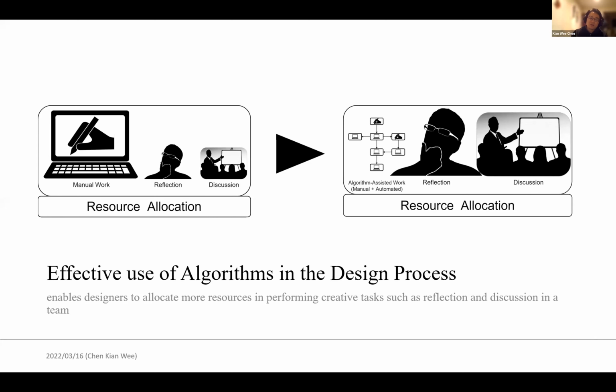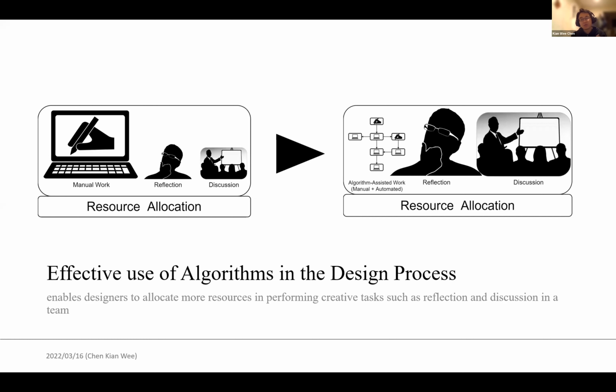So if you can effectively use algorithms and apply them in the design process, you can free up a lot of resources from the designers, and instead of doing laborious and manual work, designers can actually take more time to make the creative leap and perform reflection on the design and so on.